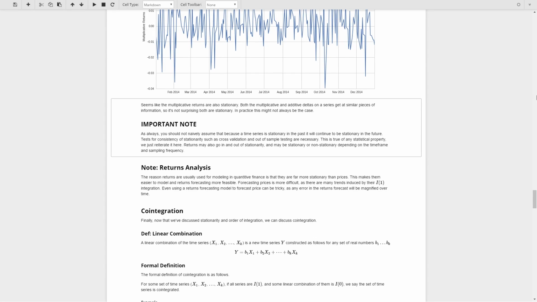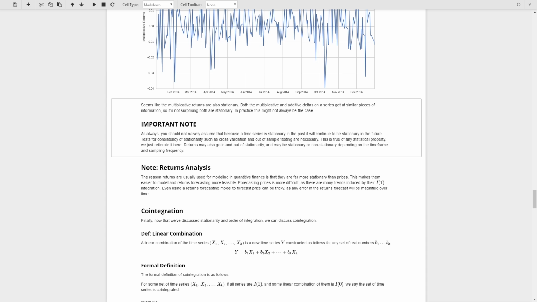For example, if we have y equals 5 times x1 plus 2 times x2, then y is a linear combination of x1 and x2. It can be as long as all k time series, or we can use smaller examples, like x1, x2, only a few time series.